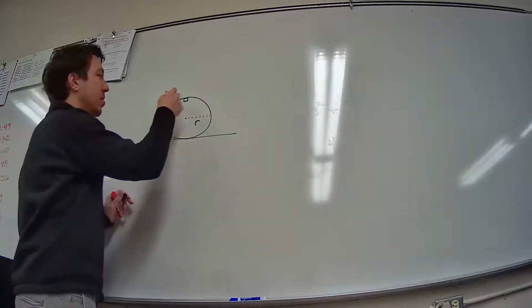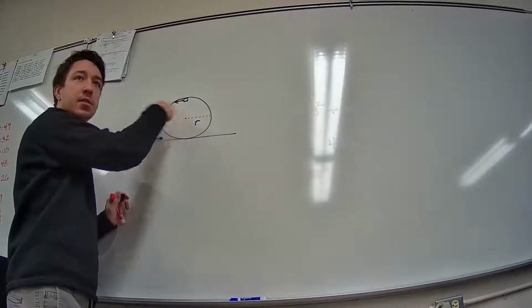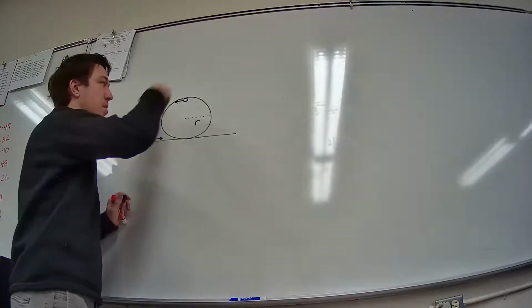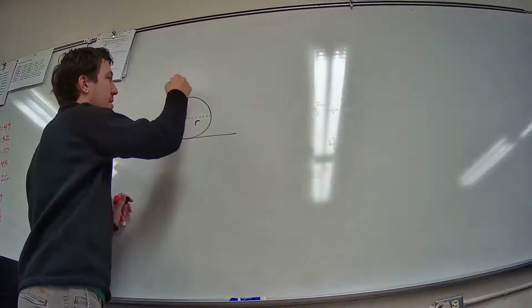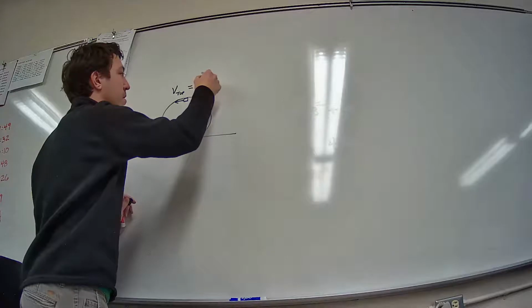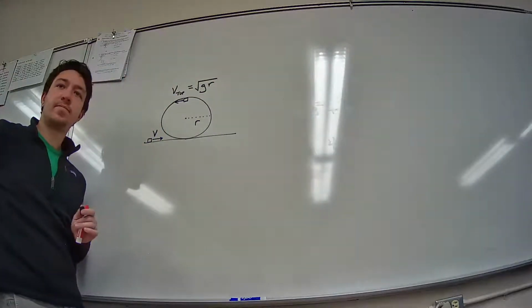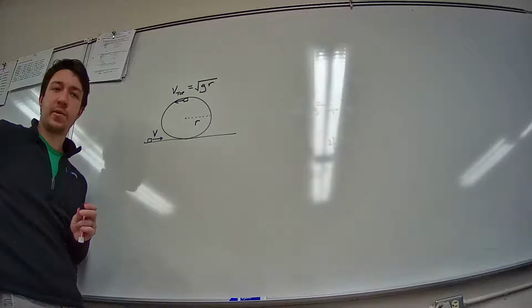What does the speed have to be up here for him to stay in the loop? Yeah, so the velocity at the top is the square root of g times r. We okay with that?